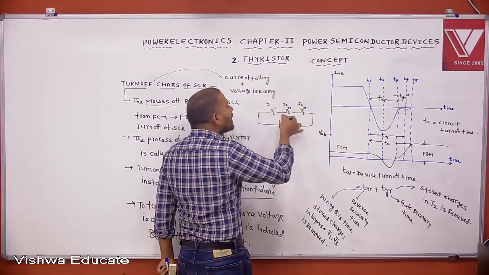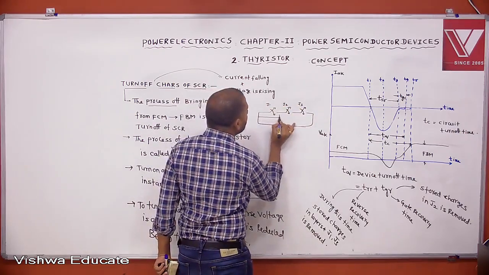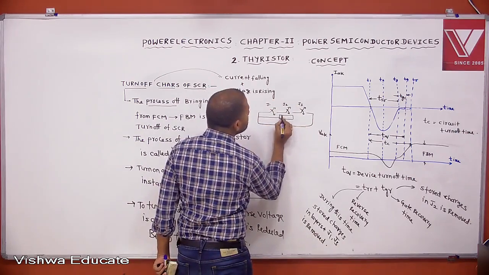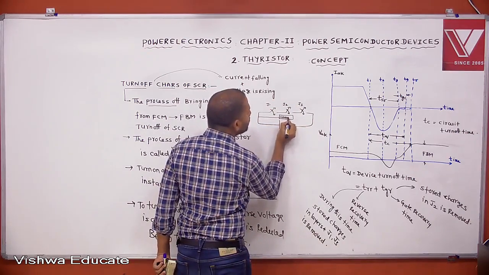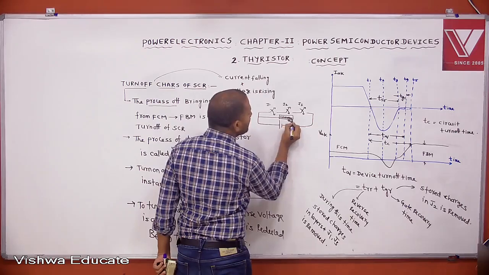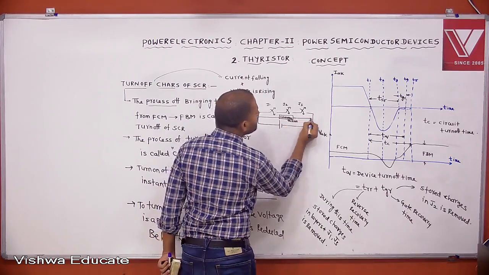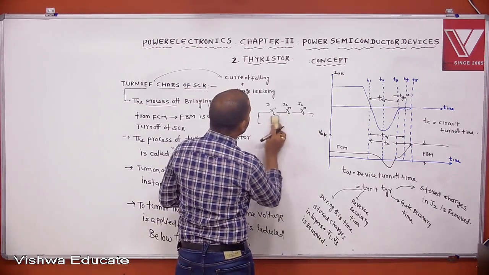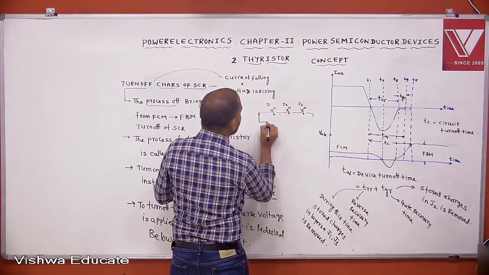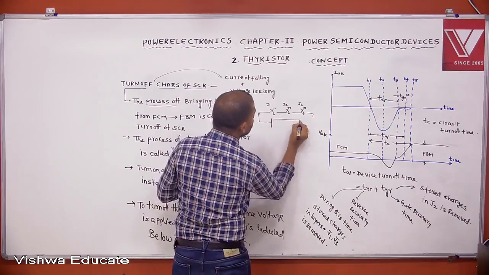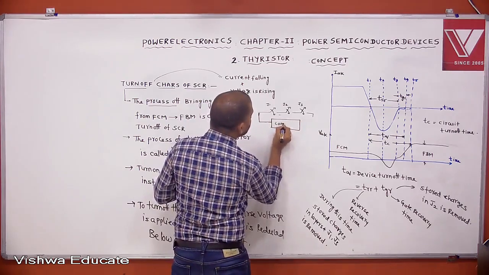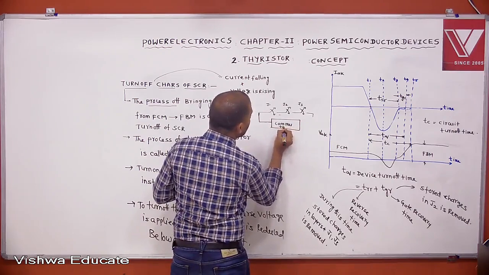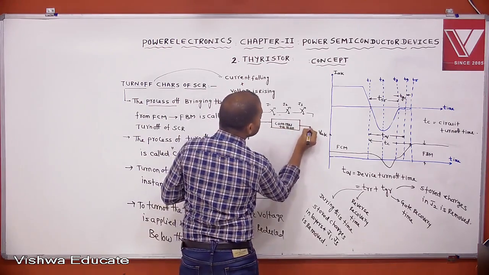In order to turn off this thyristor, we apply some external voltage, that is nothing but a commutation circuit. What exactly is commutation? All this later on I will explain. We are using a commutation circuit.